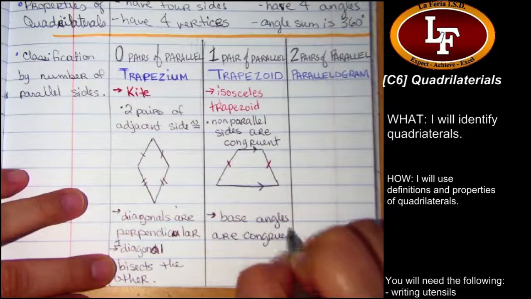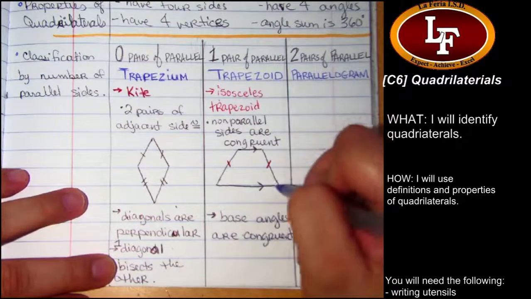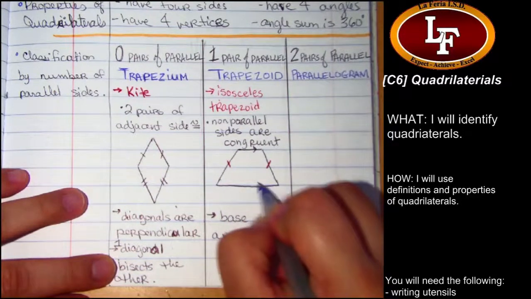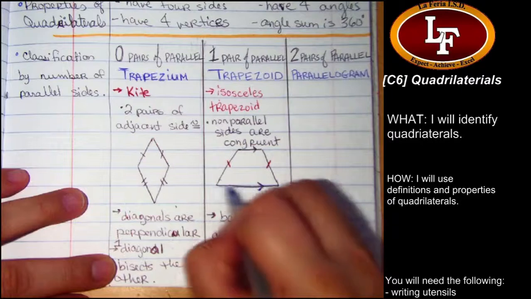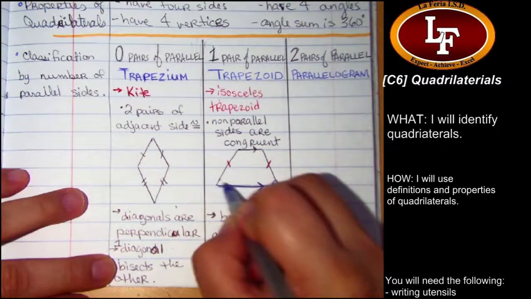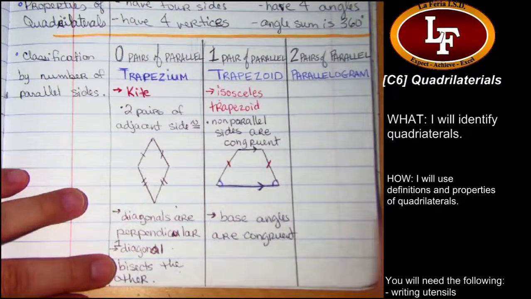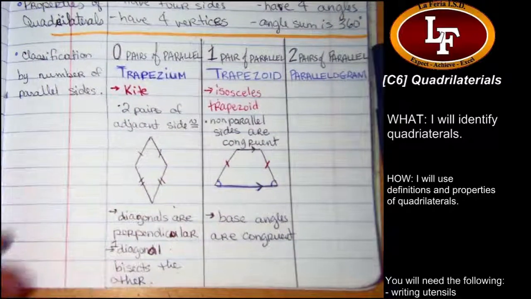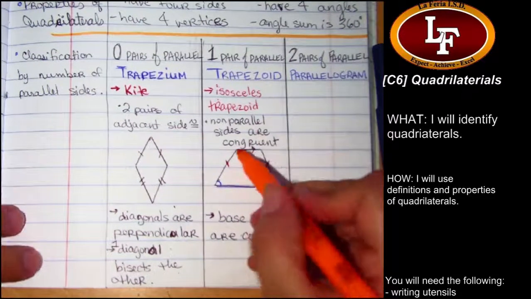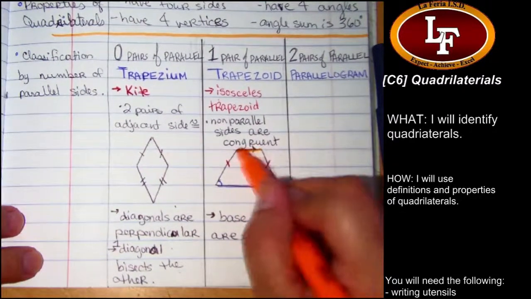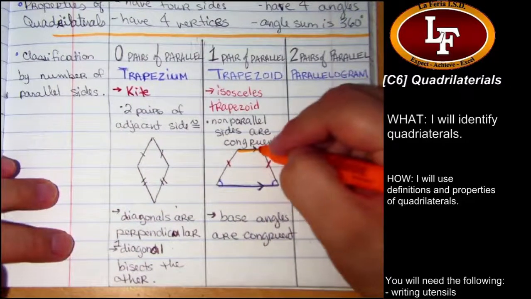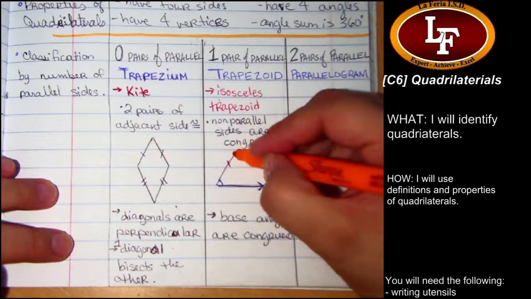So if I'm looking at this side right here and I call this the base, then this is the base angle, and they're congruent to each other. If I flip it over and call this one the base up here, then this angle is going to be congruent to this angle.